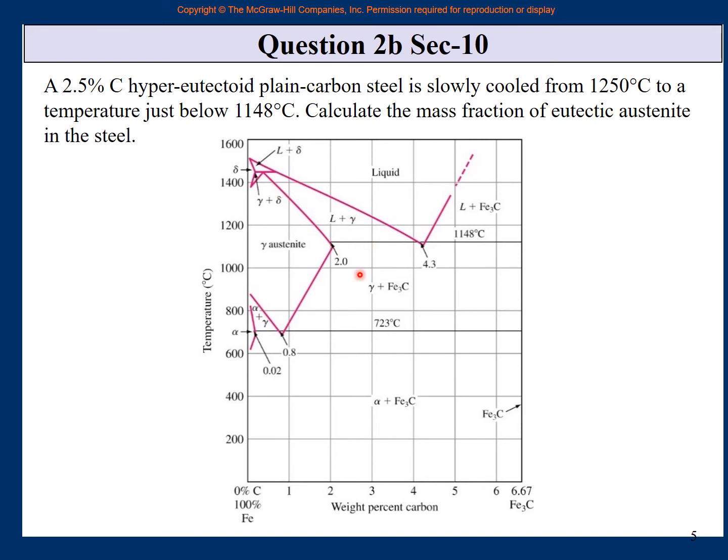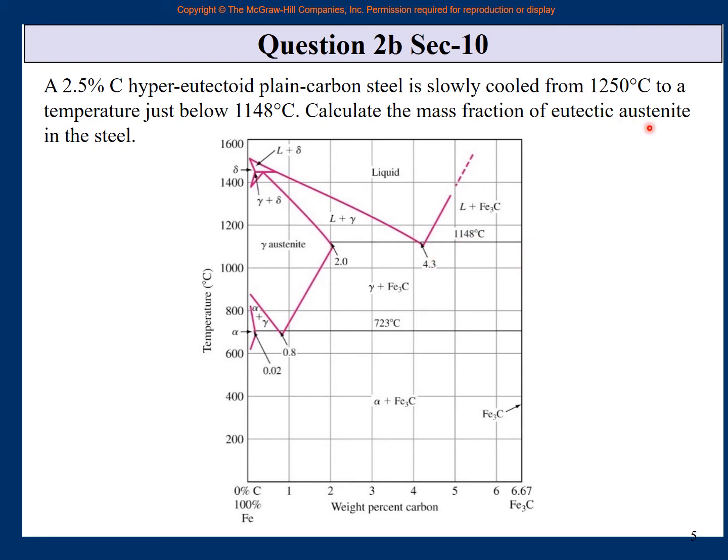So because this is your vertical line and this is your temperature line, draw a horizontal line just below this. Then the left point cuts at 2.0% carbon and the right point cuts at 6.67% carbon. And in the middle, you have 2.5%, right?